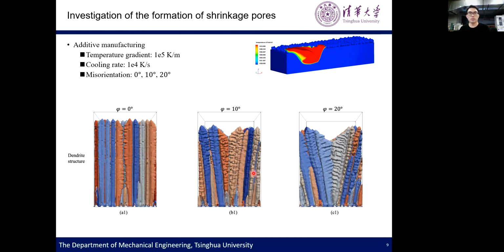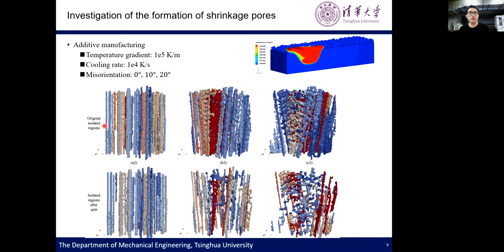Here is the simulated dendrite structure, and the simulation results with misorientations, where the middle region is the grain boundary region. We track the formation and the evolution of isolated liquid regions.